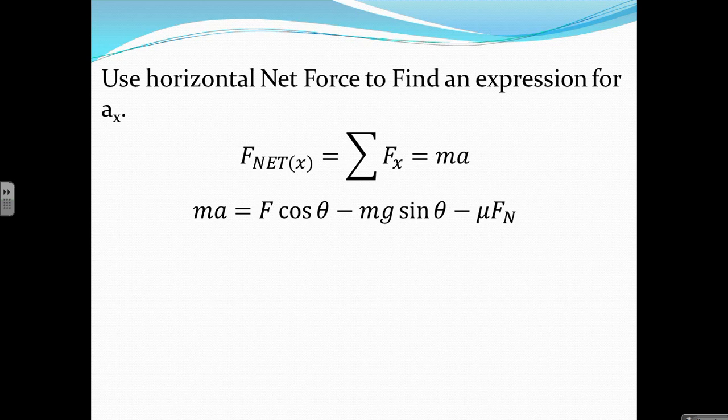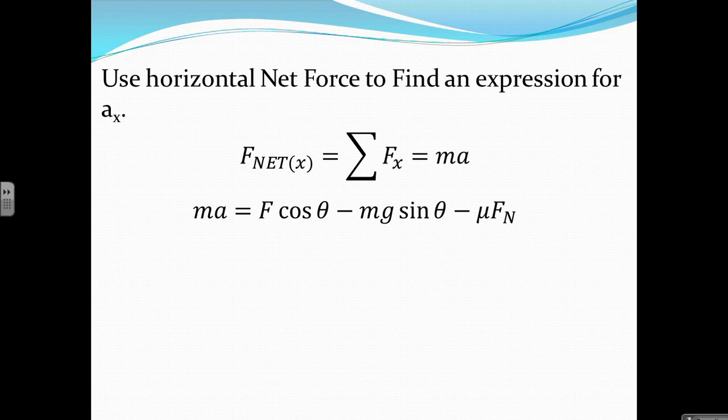And then detracting from that, heading in the downward direction, we have mg sine theta, the component of gravity pushing down. And we also have a normal force times mu. This is giving us our force of friction. So we have the applied force up the hill, take away the gravitational force parallel to the hill, and then you also have to subtract the force of friction parallel to the hill.